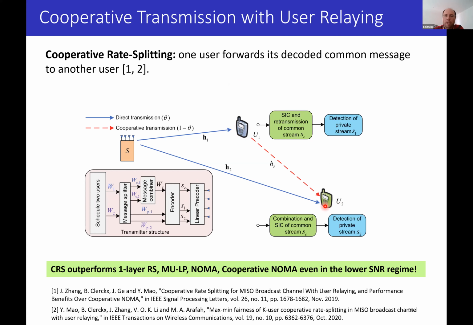This can help improve the performance of cell edge users or users with really low SNR through cooperative rate splitting, which combines the benefit of RSMA with a user relaying phase. We can show that this CRS, or cooperative rate splitting, then outperforms one-layer rate splitting without cooperation, multi-user linear precoding, NOMA, and any form of cooperation scheme that you have in NOMA.